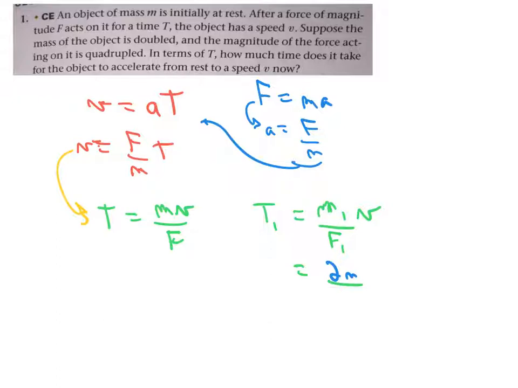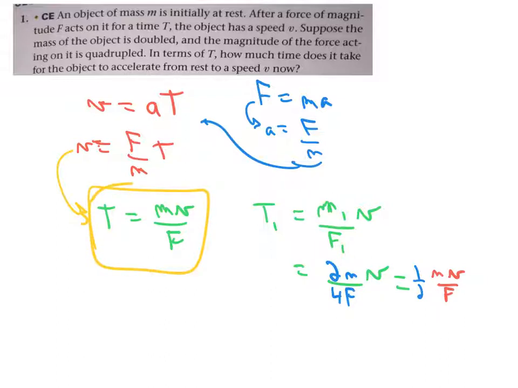And the force is quadrupled, so this is really 4F. And we don't do anything to the speed, we want the same speed, so we still have that there. Then we can group this slightly differently, and we group the 2 over the 4, and we get 1/2. And then we're left with mv over F, but notice that equals is equals. So mv over F is the same as saying just t.